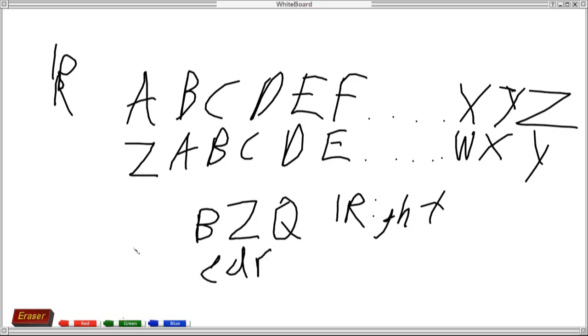Okay, so this one's decrypted, this one's encrypted.